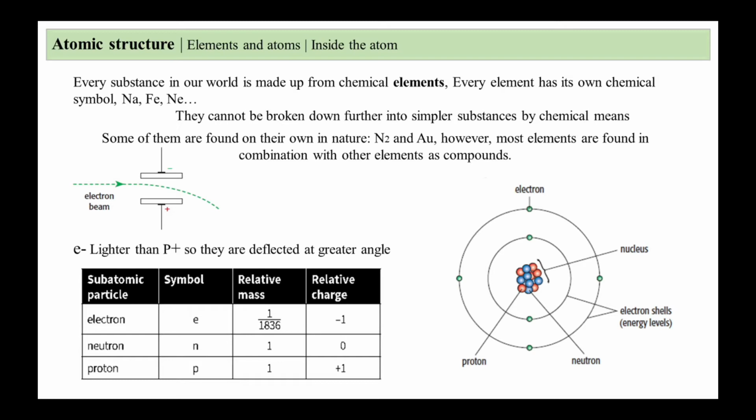The deflection of electrons was much greater compared with the deflection of the protons, which means that the mass of the electrons is negligible compared with the mass of the protons.